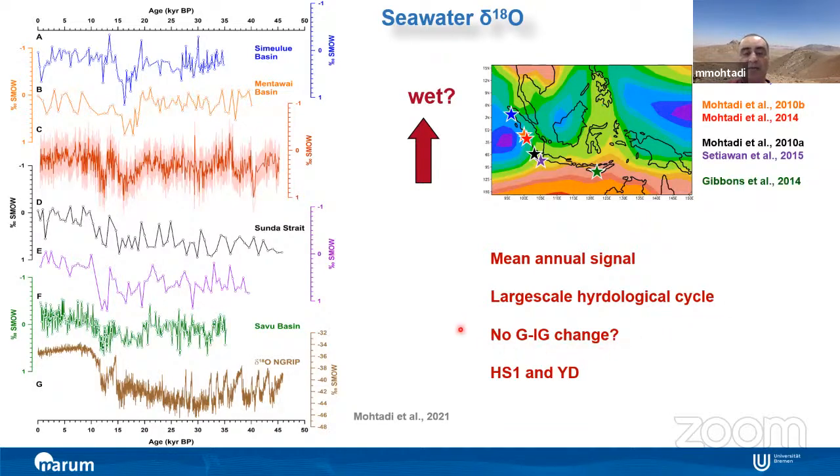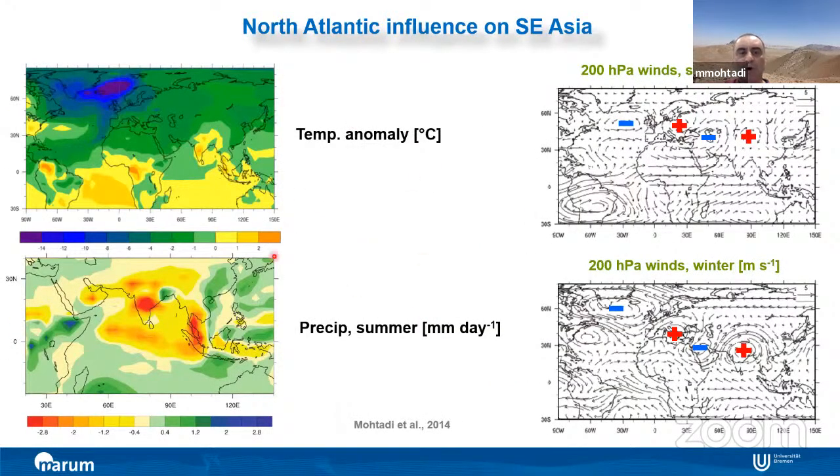But the fact that there's no glacial-interglacial change in these records is intriguing, and that the abrupt climate changes in the northern hemisphere or North Atlantic, like Heinrich stadials and Younger Dryas, are more pronounced, as you see here, or here, or here, than the glacial-interglacial changes, is also very intriguing. There have been some models supporting this.